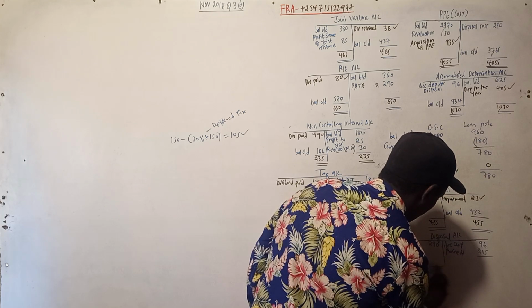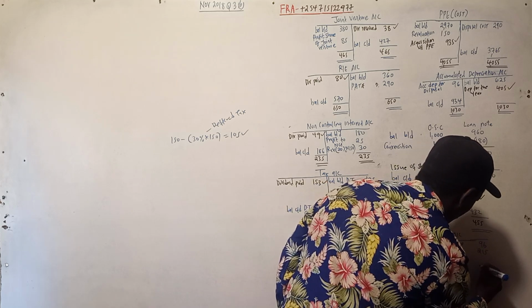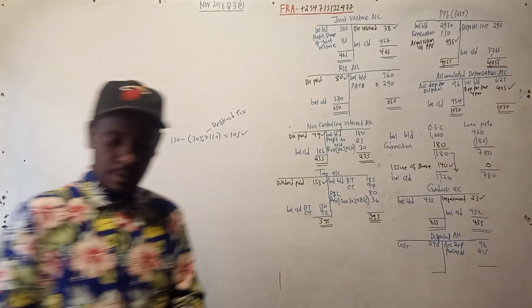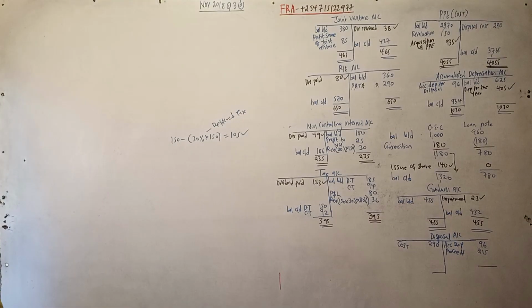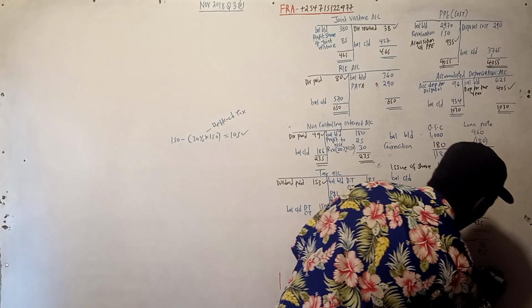The balancing figure can either be a gain or a loss on disposal. If it's a gain, you debit. If it's a loss, you credit. So let us see if it was a gain or a loss. 215 plus 96, that is 311.